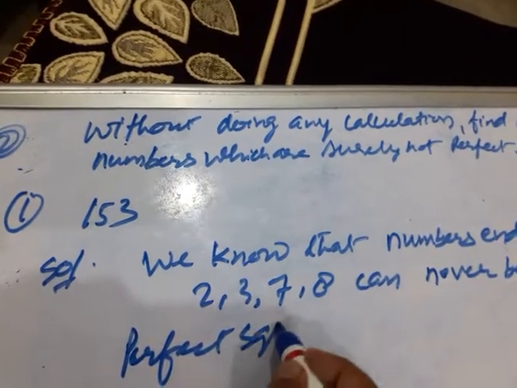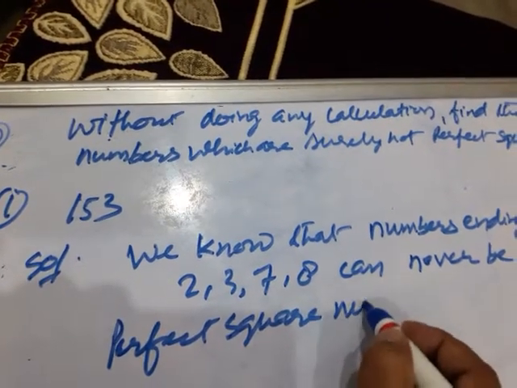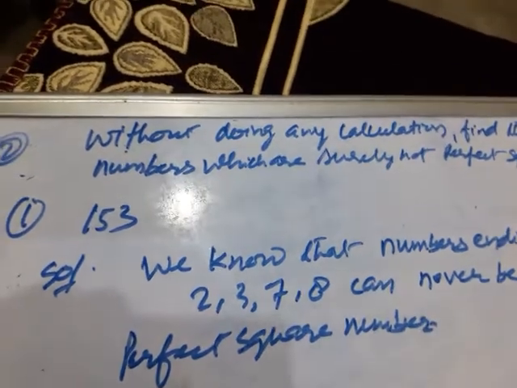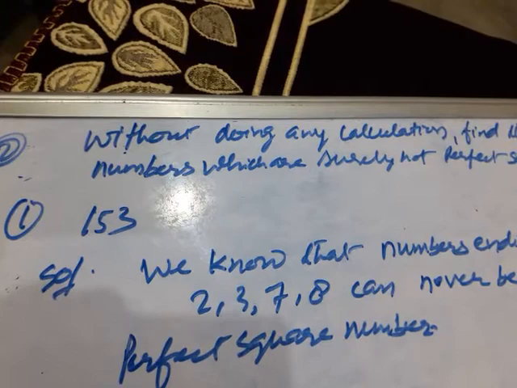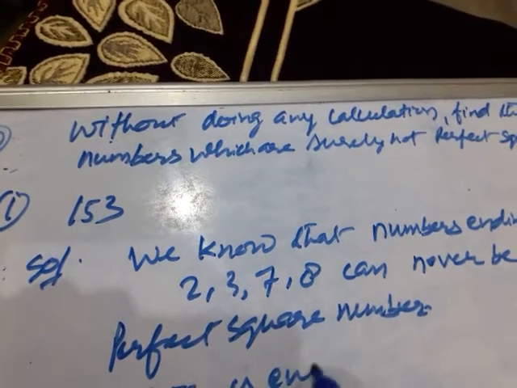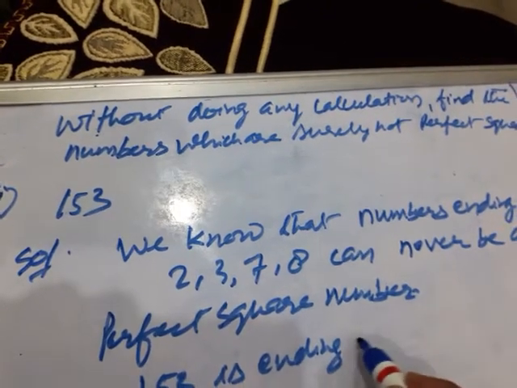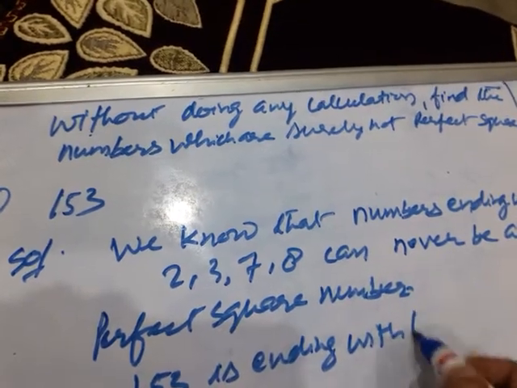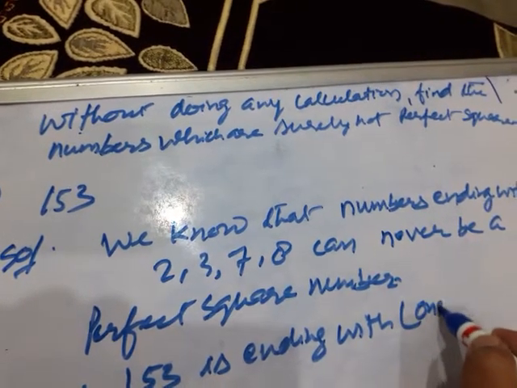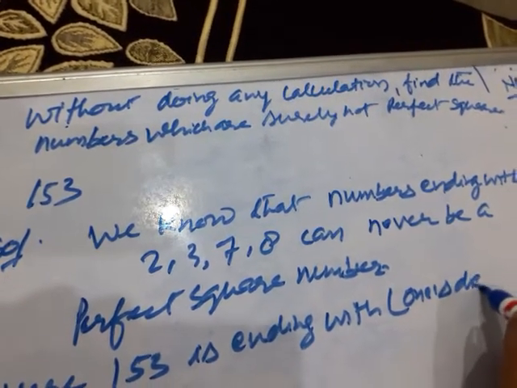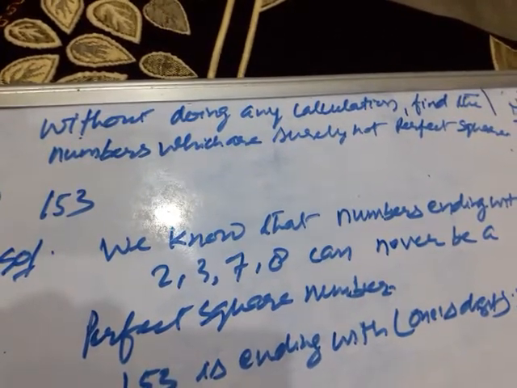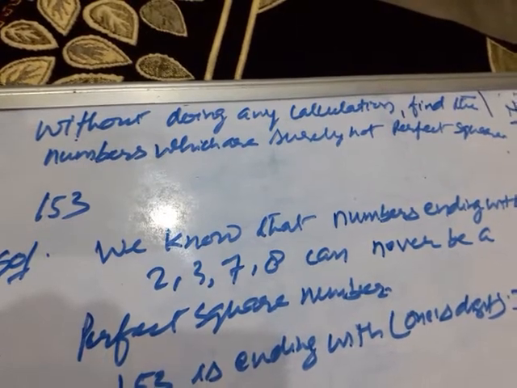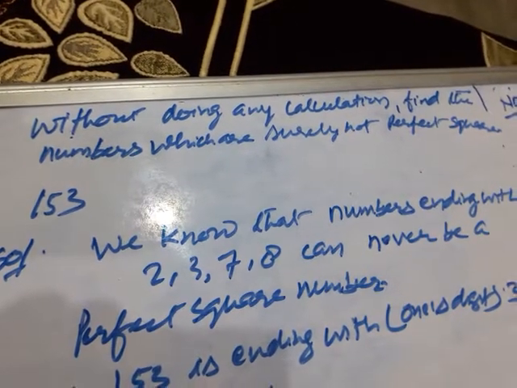Okay children, here 153 is ending with, means the ones digit is ending with what? 3. So 153 is not a perfect square.